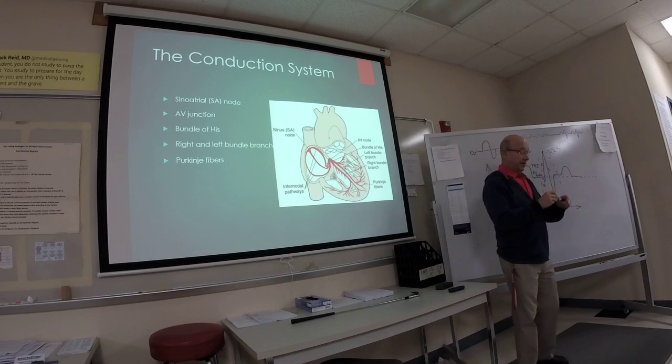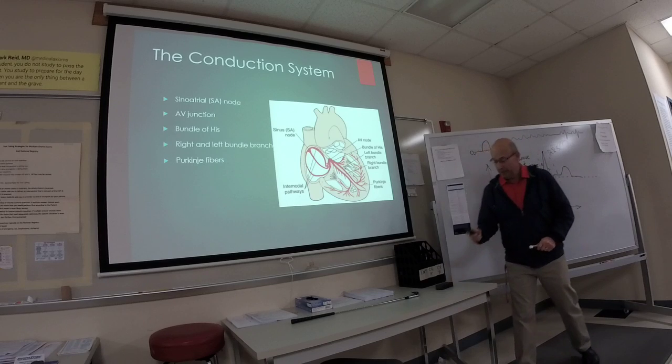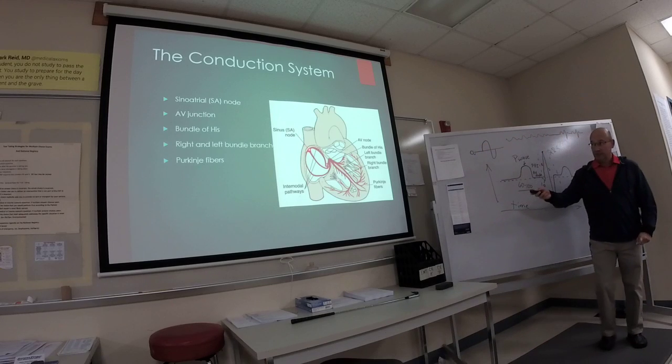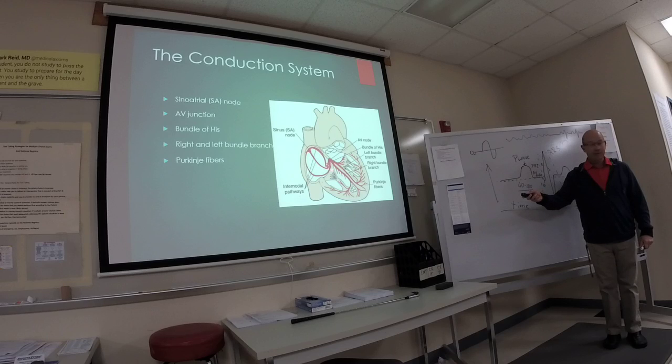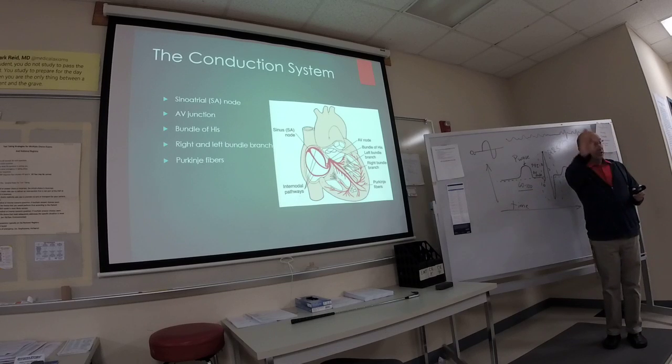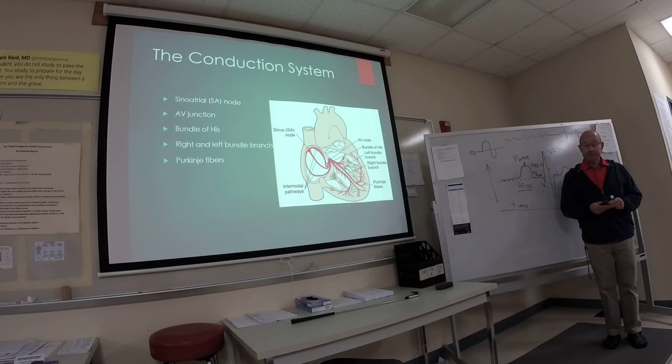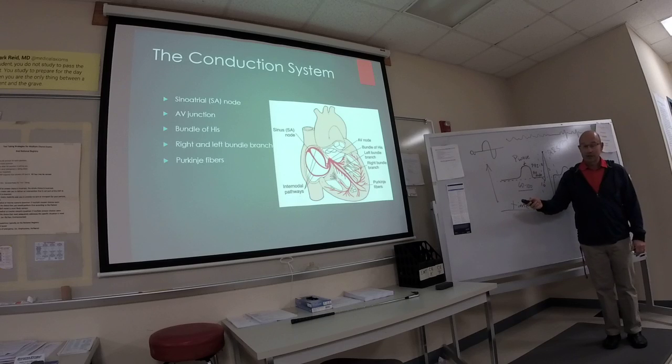Once this depolarizes, it takes time to get down there. Even though it's very fast, it still takes time, and on an EKG we're measuring across in time. So this electrical impulse comes to the AV node.